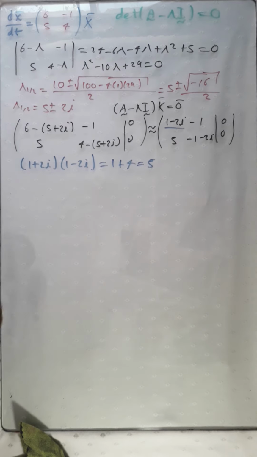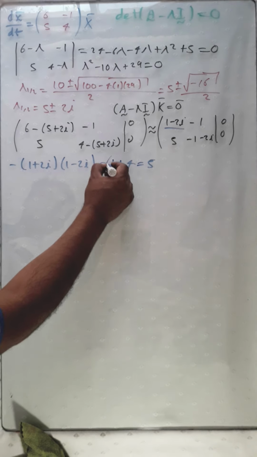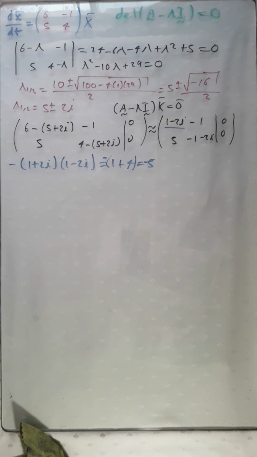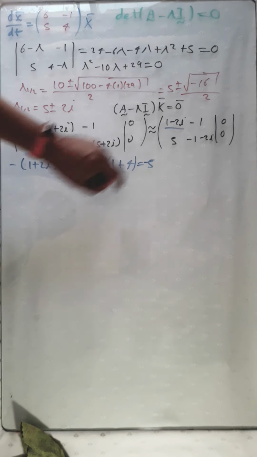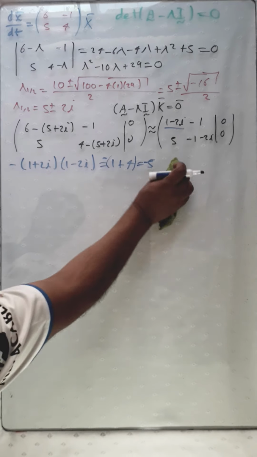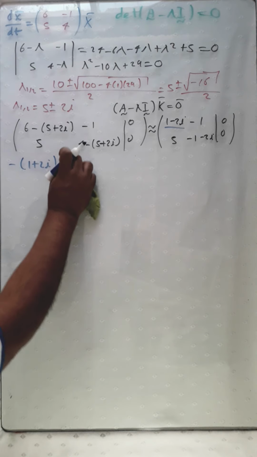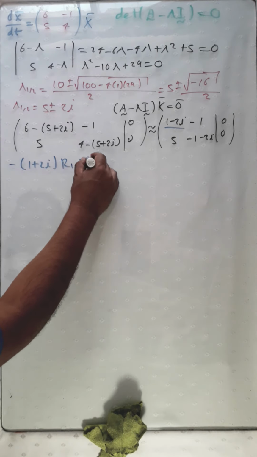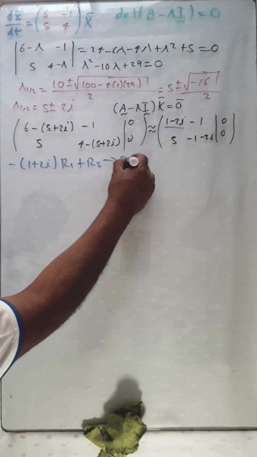So what we need is minus 5 to make this 0. That is the reason. So here I have deduced the operation that we are going to use: this times my first row plus my second row, and we save it in the second row.